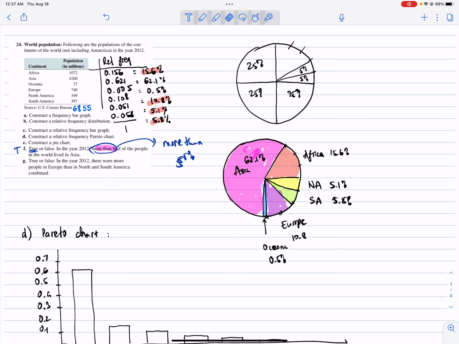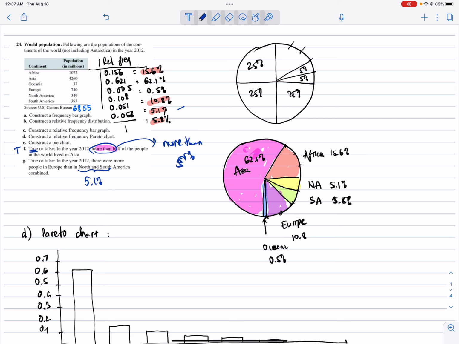Part G, true or false. In the year 2012, there were more people in Europe than in North and South America combined. So let's combine South and North America. How many percent for North America? 5.1.